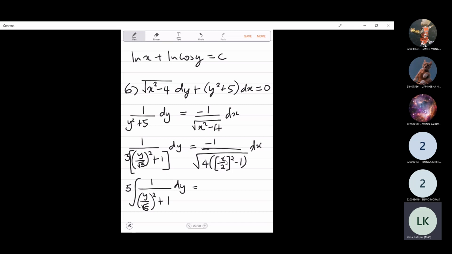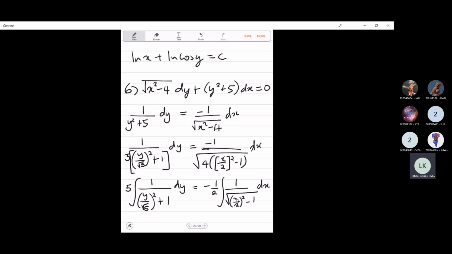And then here I have minus a half the integral of 1 over the square root of x over 2 squared minus 1 dx. Okay, so what I need is half here because that's the derivative of this one. So this half will just go in.